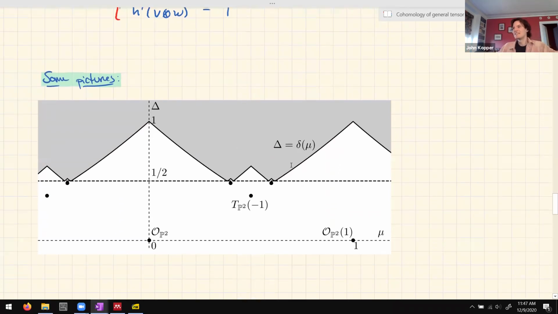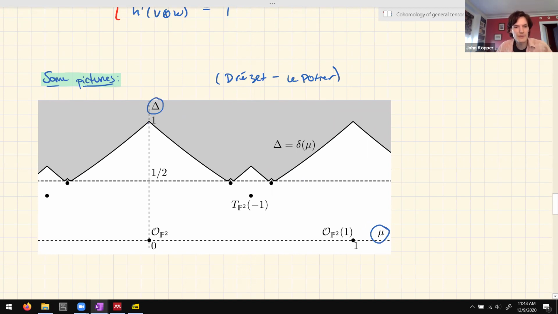So the pictures are going to be a little complicated because the classification of Chern characters of stable sheaves on P2 is a little complicated, but let me sketch it very briefly. This is essentially due to Drézet and Lepotier. And by essentially, I mean literally, I guess. This is the Drézet and Lepotier classification of stable sheaves on P2. And so what I've drawn is actually R2 with coordinates mu and delta.